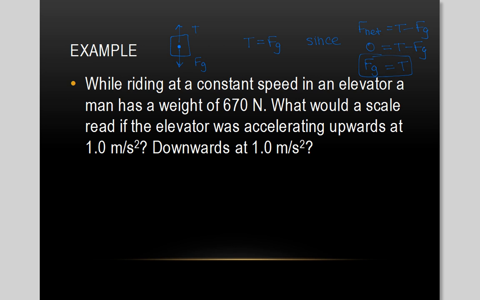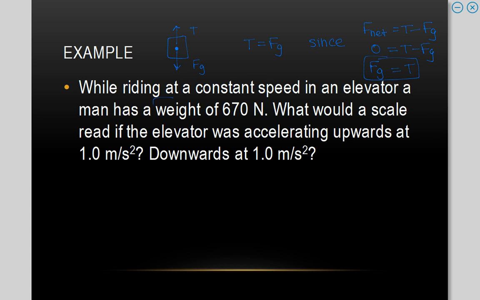Okay, so what you can do, if the man has a weight of 670 newtons, that must mean what? In the elevator, he's standing on a scale. At a constant speed, they measure his weight.